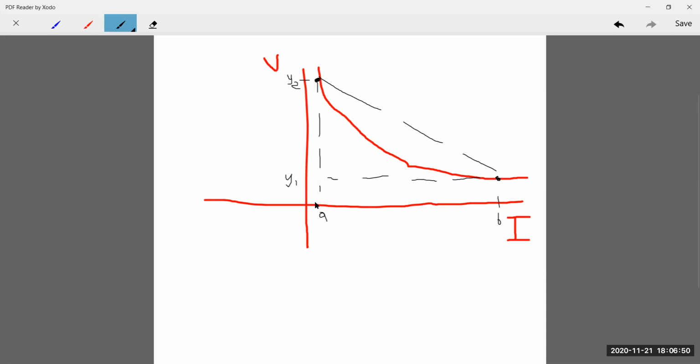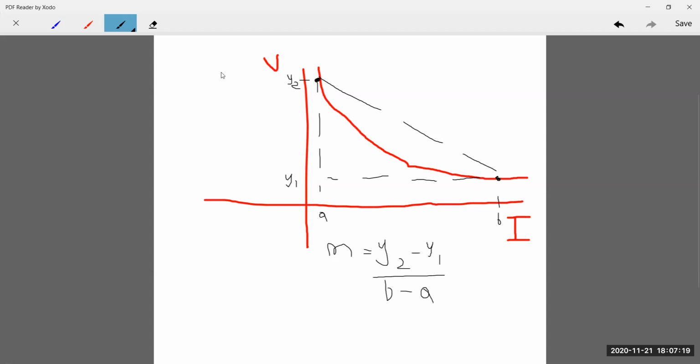What they'd say is the gradient between A and B is the rise, which is y2 minus y1, over the run. And the run is x2 minus x1, which in this case would be b minus a. Now that would give you the gradient between here and here.